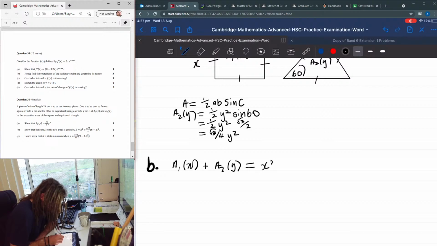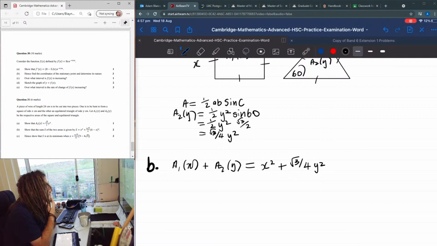Well, the square is just x times x. And I already know what the triangle is because it made me work that out before. Now, see how that thing there only has x's in it and I have y's? That means I need to be able to write y in terms of x.